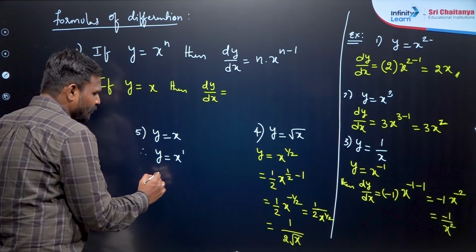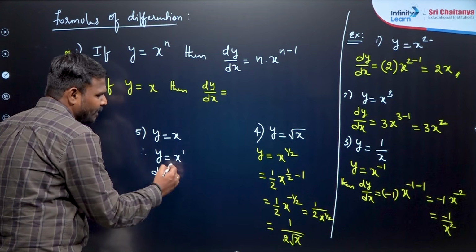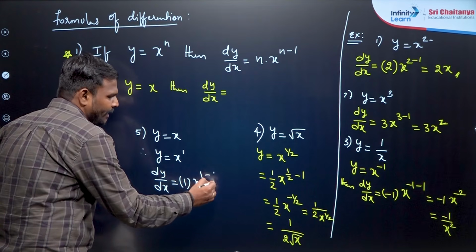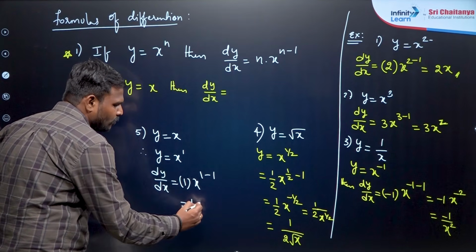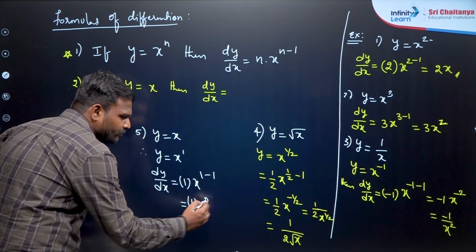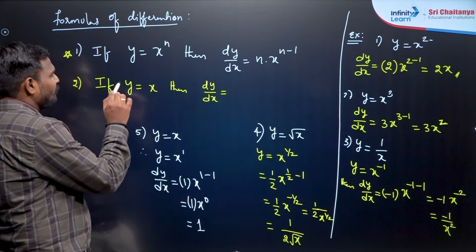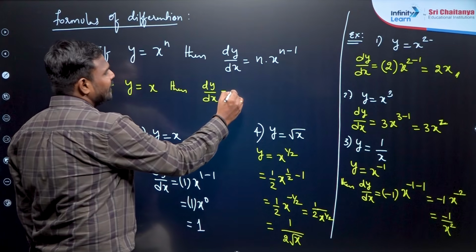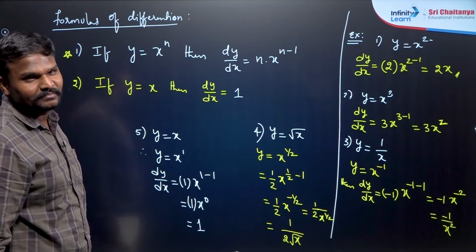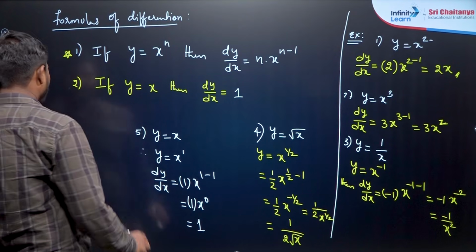So what we will do? dy by dx is equal to multiply the power, 1 into x power 1 minus 1. So something power 0 is always equal to what, sir? 1. So 1 into 1 is 1. So if y is equal to x, then the derivative is how much, sir? 1. Please copy quickly, sir.